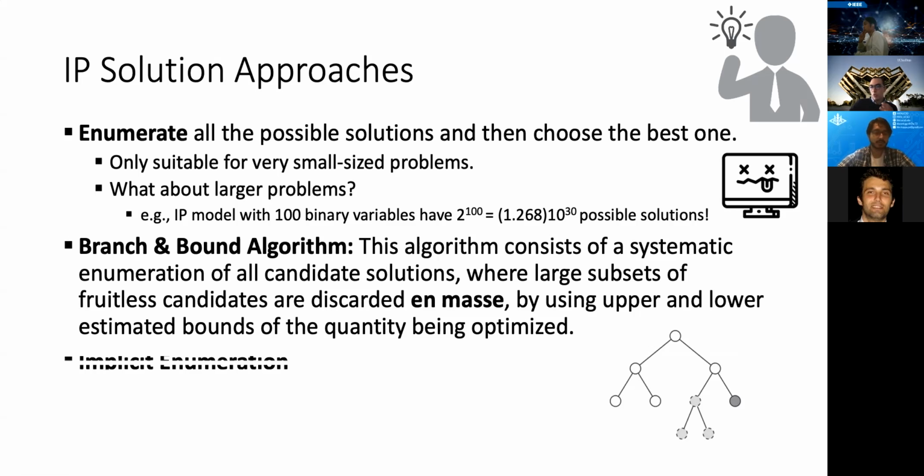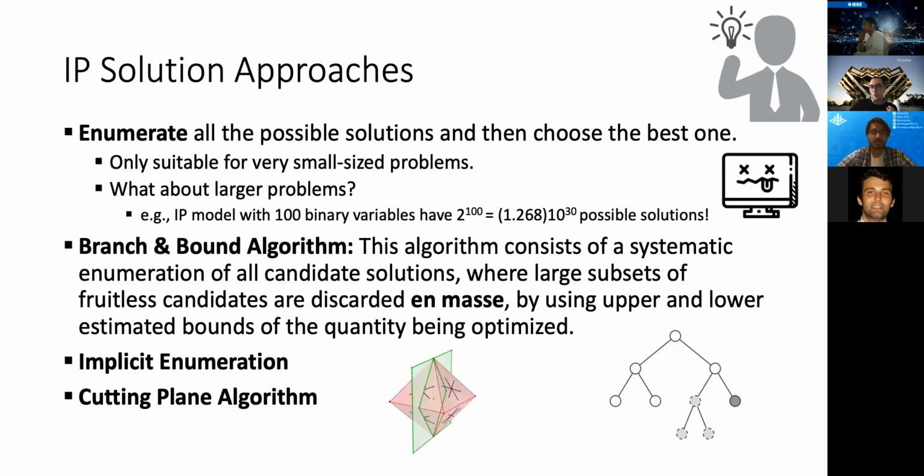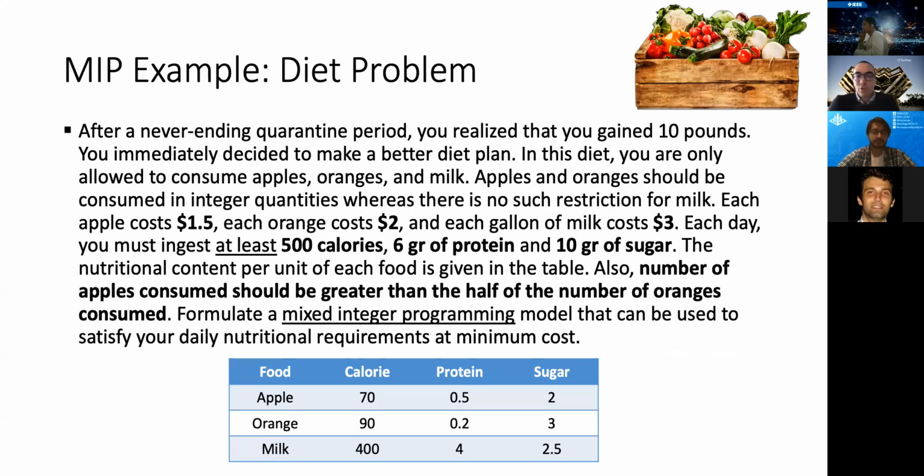You can also come across implicit enumeration, cutting plane algorithm, and Lagrangian relaxation as some of the solution approaches. Do you have any questions before I go into the example?